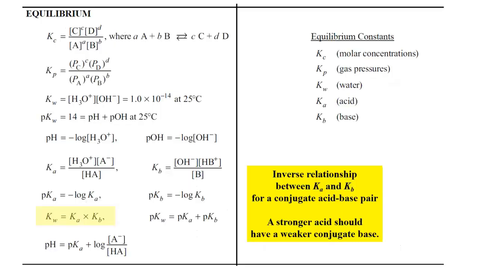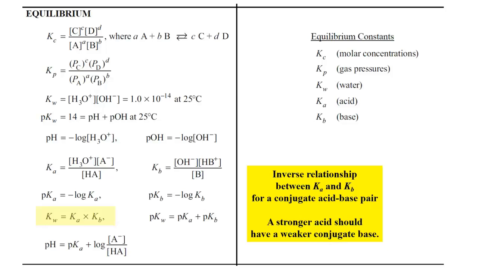And the answer is yes, we can make that comparison. I'm highlighting the equation that says Kw, which is 1.0 times 10 to the negative 14. That is equal to the product of the acid dissociation constant, Ka, and the base dissociation constant, Kb.